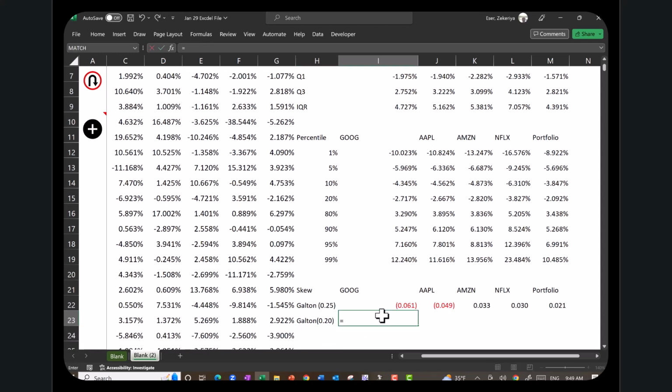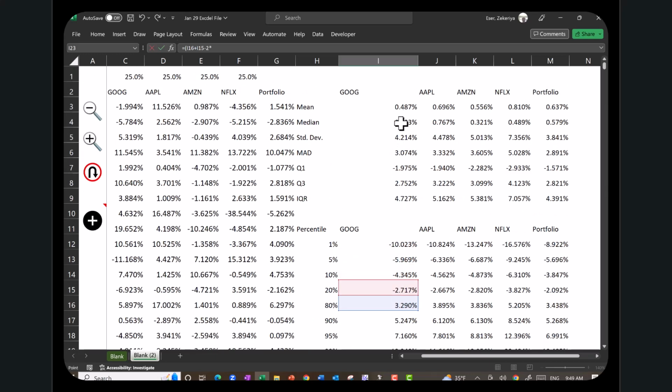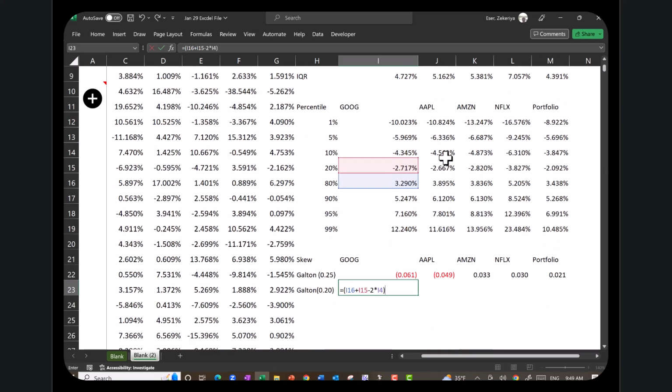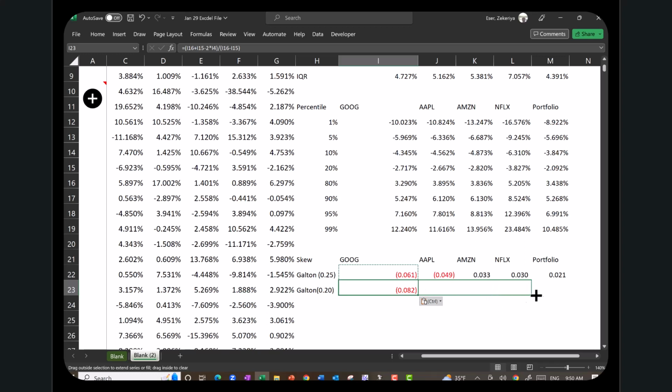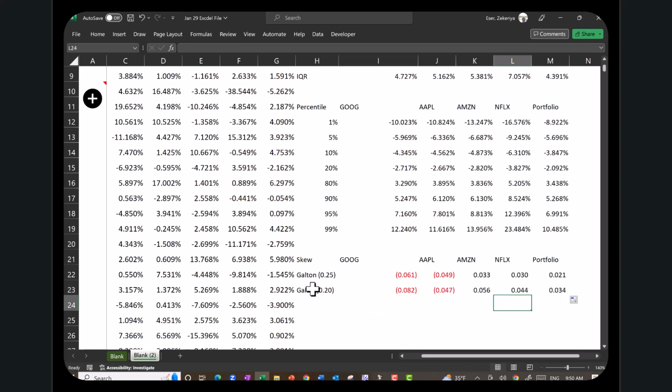So I'm going to take the 80th percentile plus the 20th percentile minus 2 times the median, divided by the distance between the 80th and 20th percentile, the so-called interquintile range. That didn't change too much.